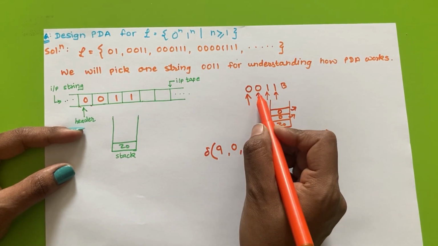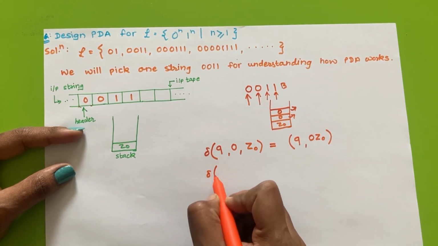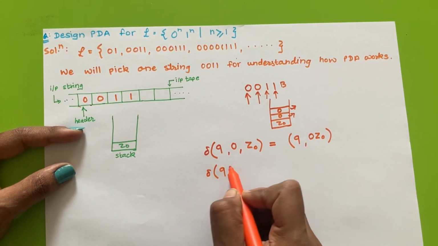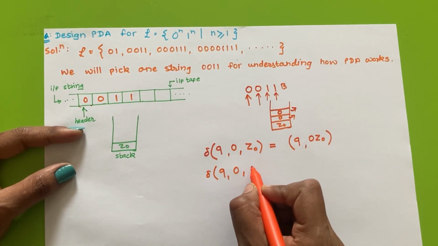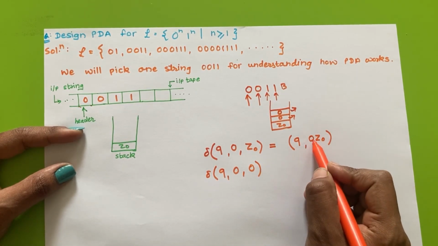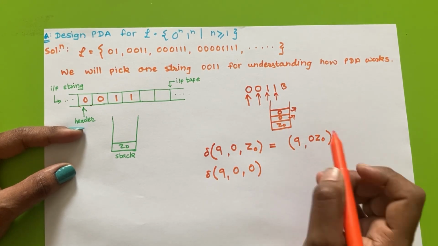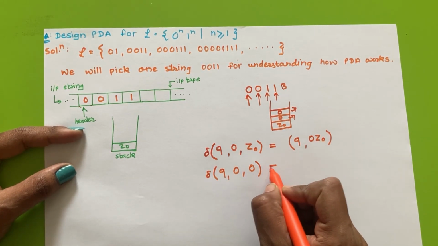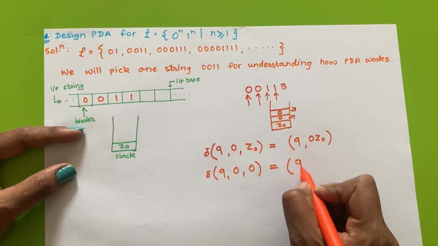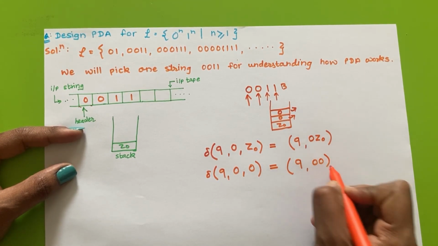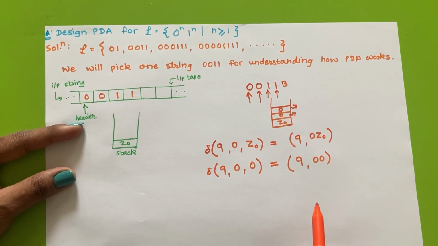Okay, now again for the next 0, we will have the next condition, that is Q. We are reading input symbol 0 and now the current top of stack is 0. Okay, means this is the 0 that we pushed last onto the stack. So again we have to perform a push operation here. So Q 0 0 will be the transition used to represent it.